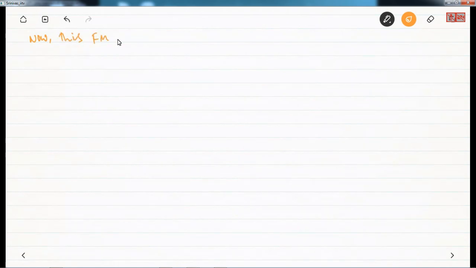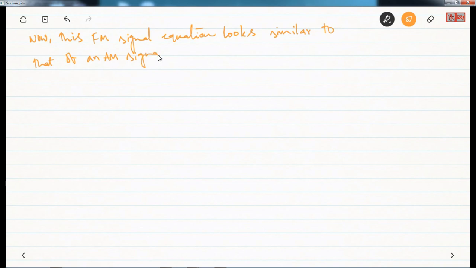This FM signal equation looks similar to that of an AM signal equation. So what is an AM signal equation with double sideband with carrier, that is DSB-C signal?